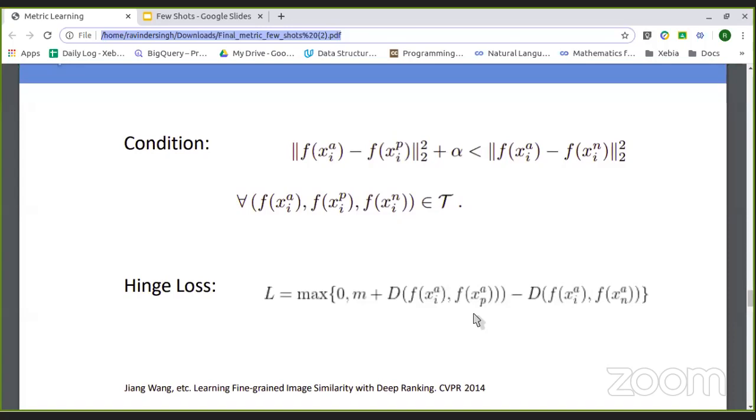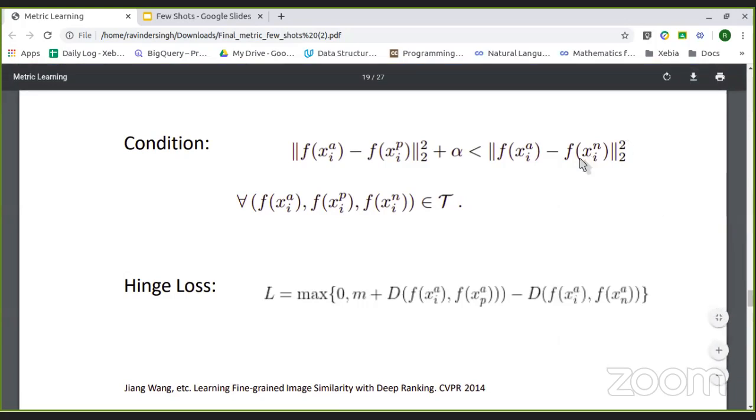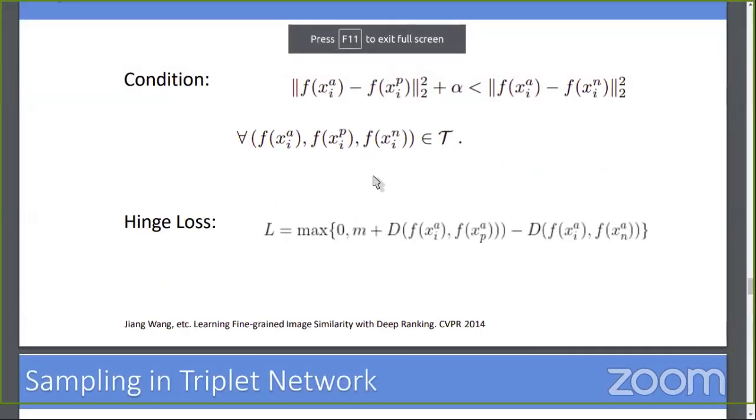You can right click on the taskbar or someplace and make it full screen. I guess this is some PDF, so I don't know how to maximize. No, in the browser itself, you can make it full. I think it's function F11. It doesn't work. Okay, it's okay. Yeah, so it's good, thanks.